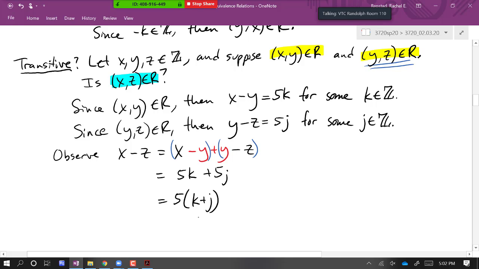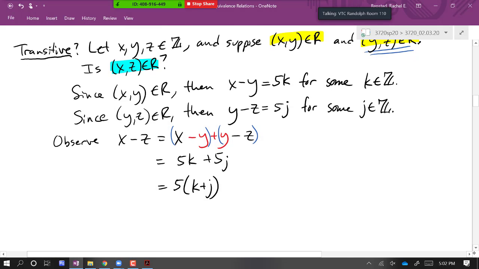Now there's one small formality, one small detail, that we want to tie up. And that is just to state, and it's true, if k and j are integers, then k plus j has to be an integer. But that's important, right? Because 5 times 2/5 is 2. That doesn't mean that 2 is a multiple of 5, right?